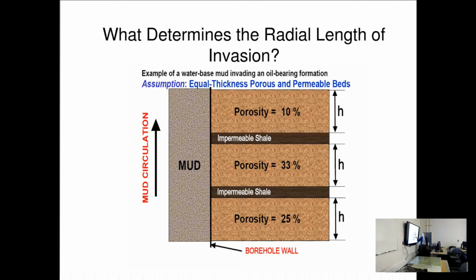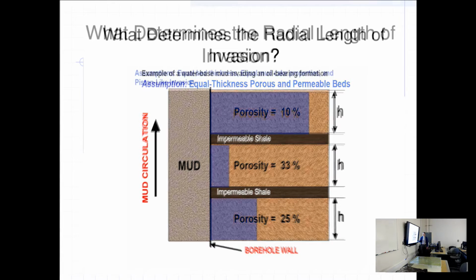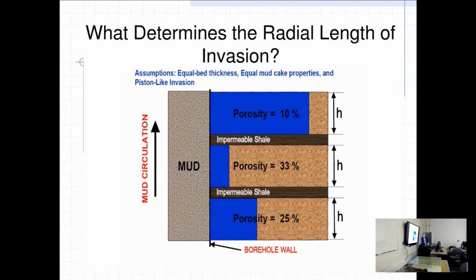I have 40 gallons that's going to go on here. Where is that going to go? Well, I have more room, right? So maybe it only goes this far. So this is like a bigger room versus a smaller room. So what your distribution would look like is that. So you have much greater invasion when you have low porosity rocks, given the equal amounts of fluid and similar properties in terms of permeability.